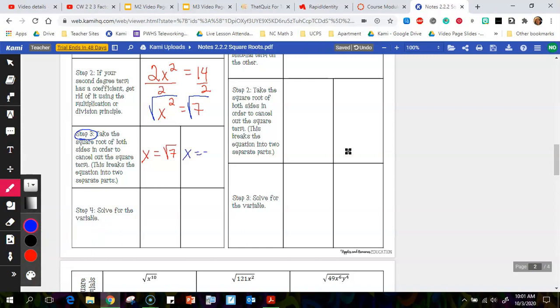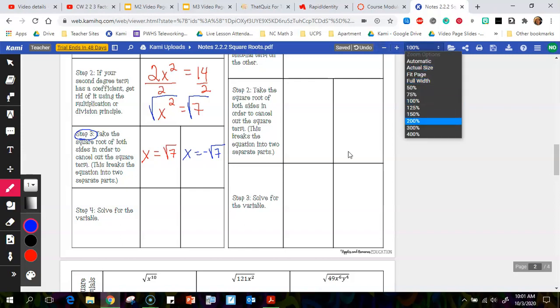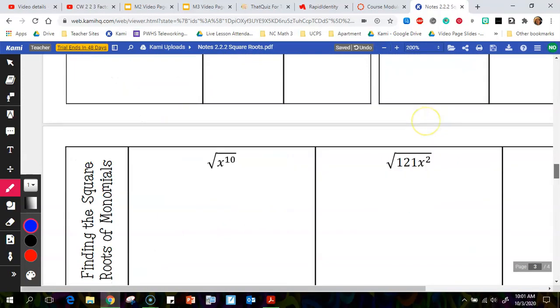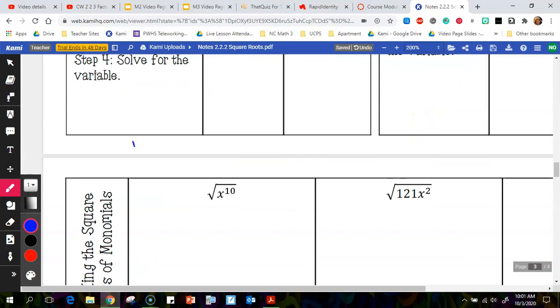Let's talk about why that is. If I said, what is the square root of 16, for example? Let me write this down here. I'll try to make this bigger so you can see it. Square root of 16. 16 is a perfect square.